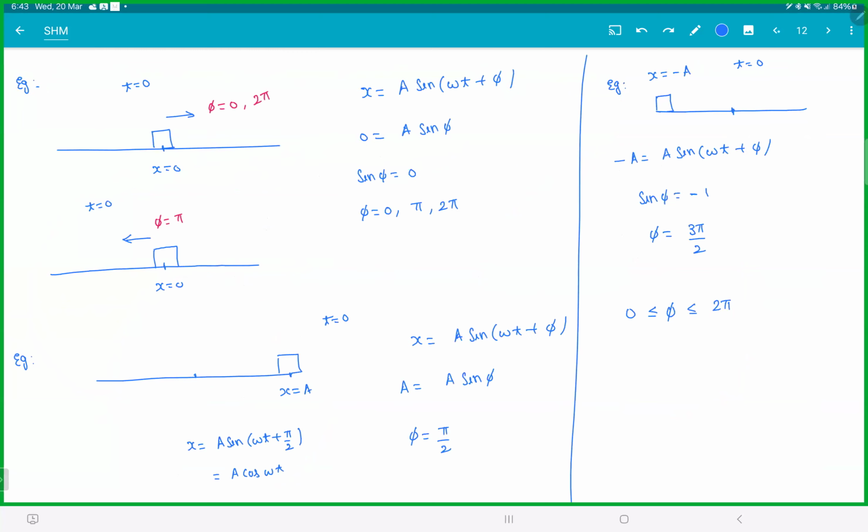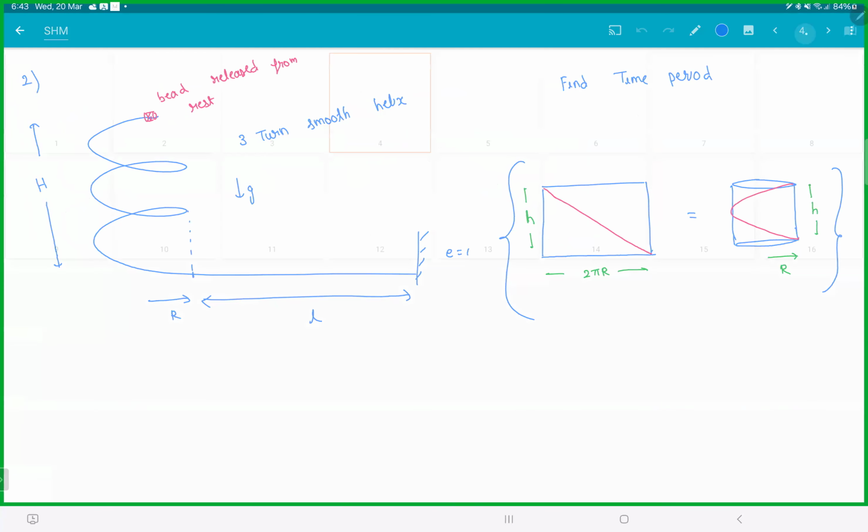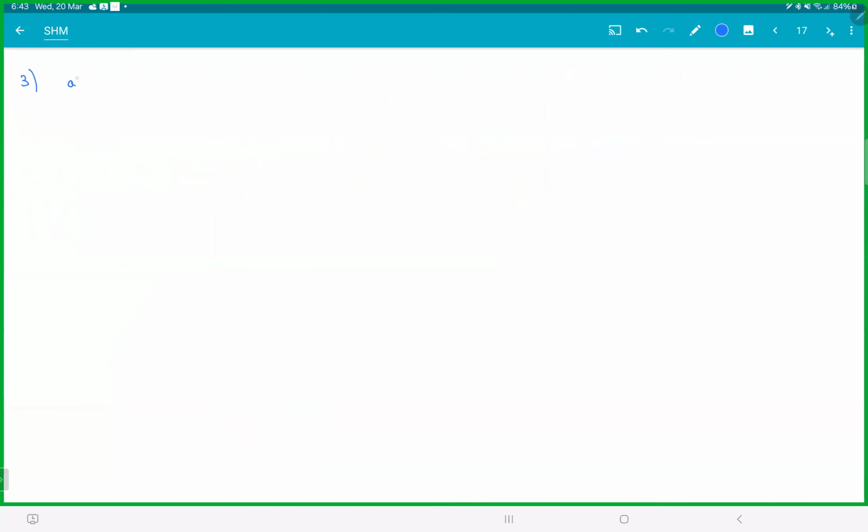What was the last question? Number 2, right? X is equal to 0. The block is at x is equal to root 3a by 2 coming back. Find phi.